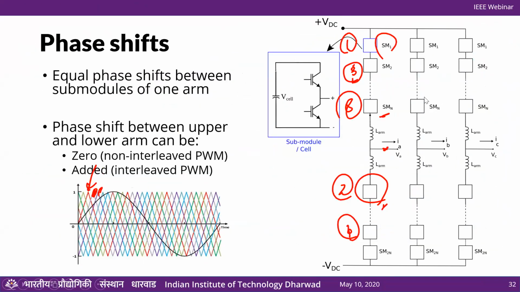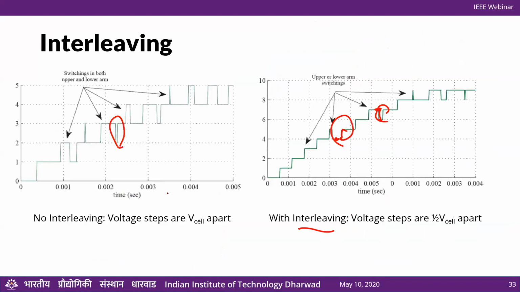The frequency of these carriers, at least in my model, I took it as 1 kilohertz. So the result is that if you have 8 modules totally, the effective switching frequency is almost 8 times, right? So each module is not switching at 8 kilohertz, but the output has that effect.